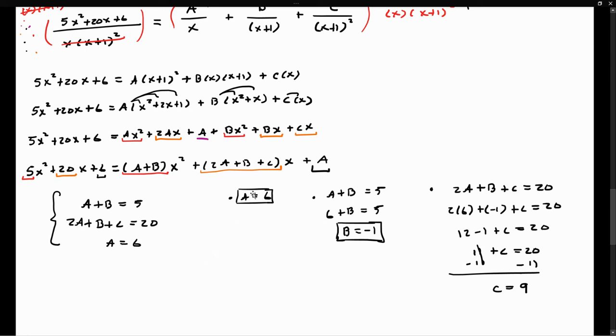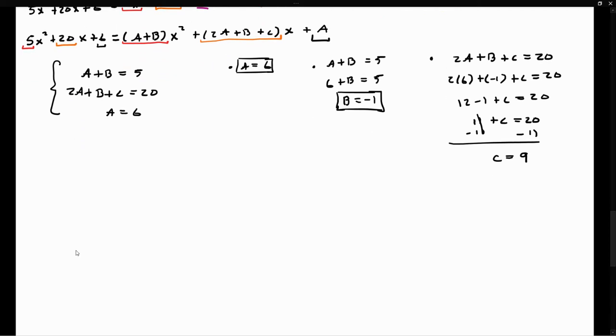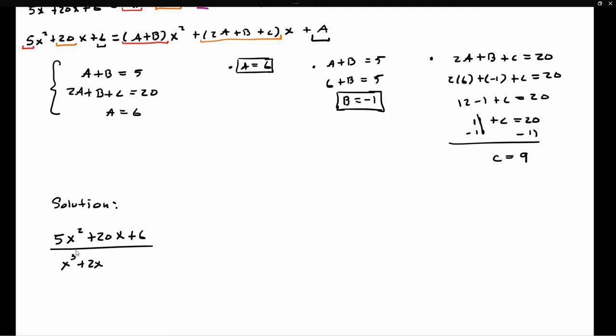And we're pretty much done, because now I know what a is, what b is, and what c is. So as our solution, let's rewrite the setup that we had. The setup was (ax squared plus 20x plus c) over (x cubed plus 2x squared plus x), which was equivalent to a over x plus b over (x plus 1) plus c over (x plus 1) squared.